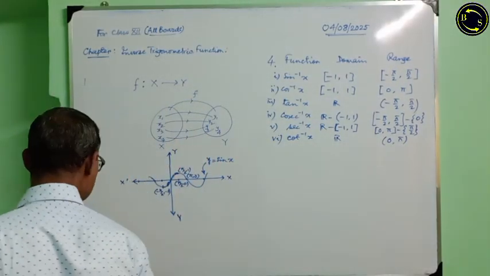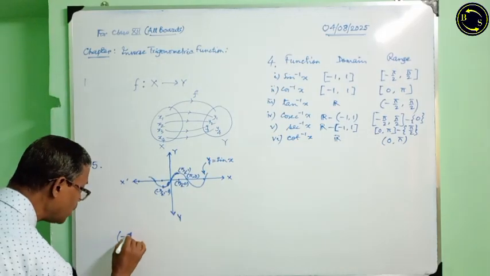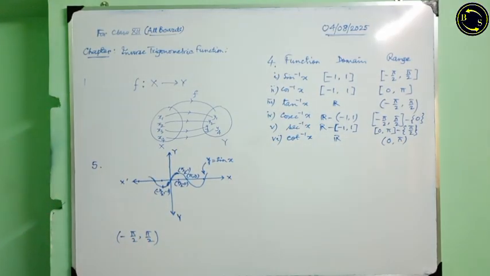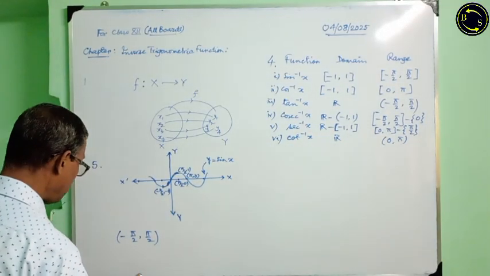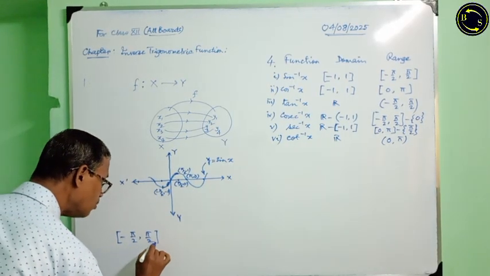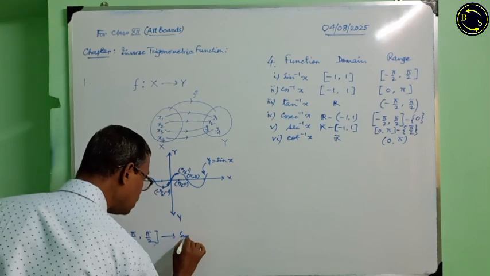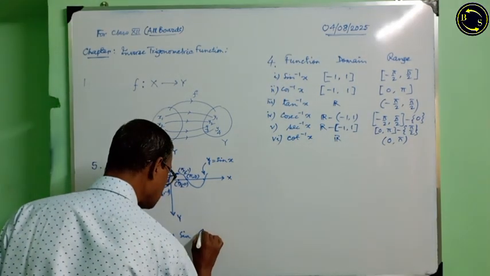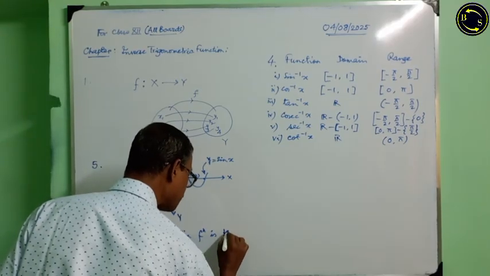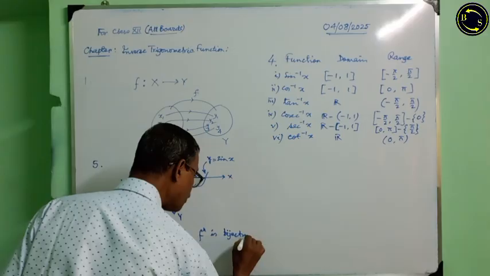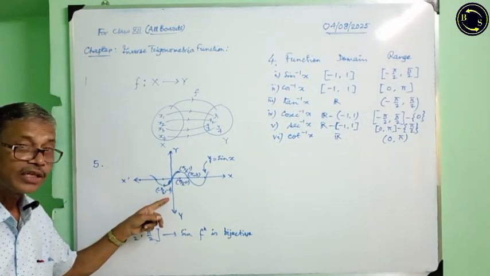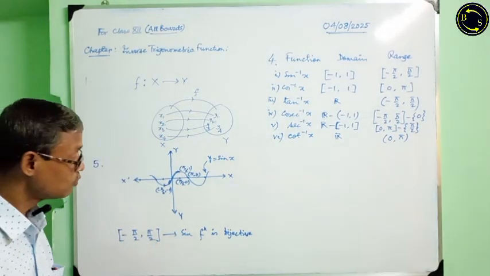Therefore, if we consider this interval, actually we have to take the closed interval, in this interval the sine function is bijective. Least value is -1, greatest value is 1.